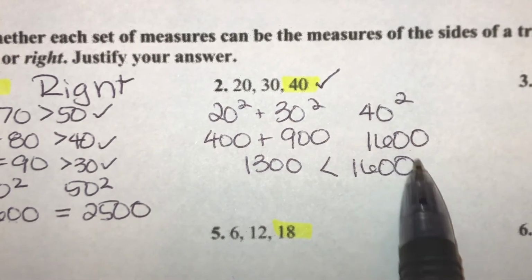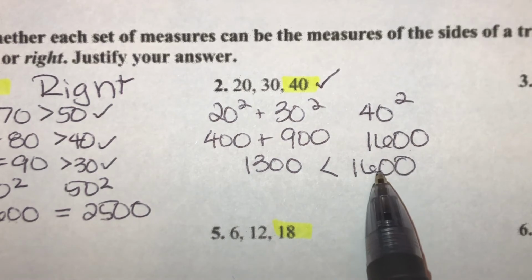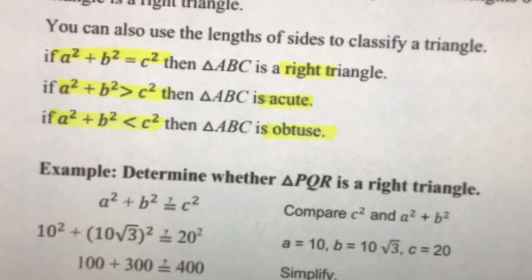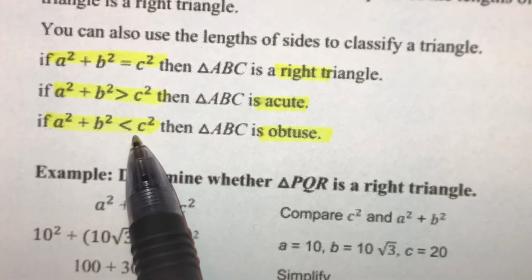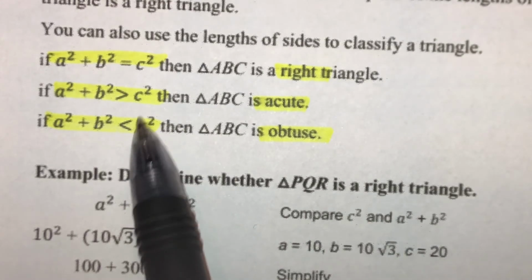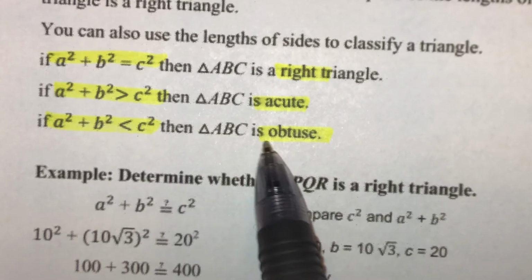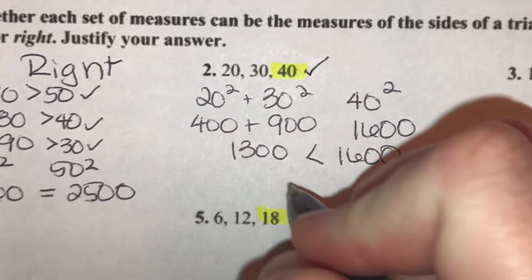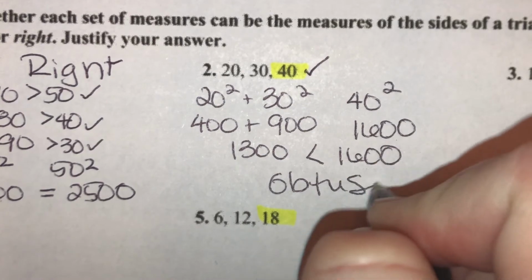So since the biggest side squared is larger than the sum of the 2 smaller sides squared, the mouth is open towards this guy, then it's an obtuse angle. Okay, this is larger, so it is obtuse.